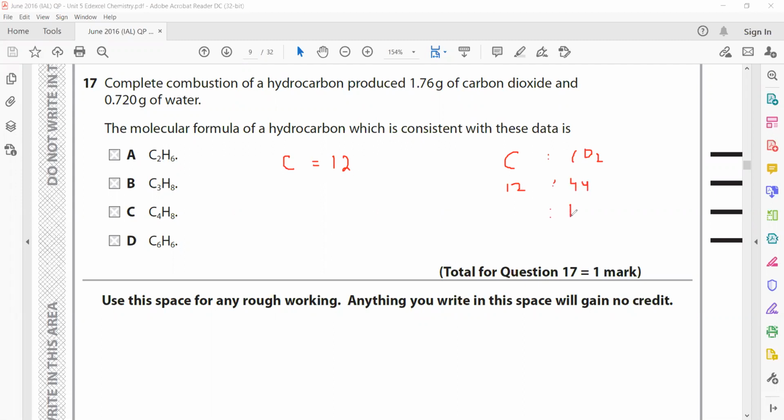So if we have 1.76 grams of carbon dioxide, how much carbon will be there? X equals 12 multiplied by 1.76 divided by 44, so it is 0.48. So this contains 0.48 grams of carbon.